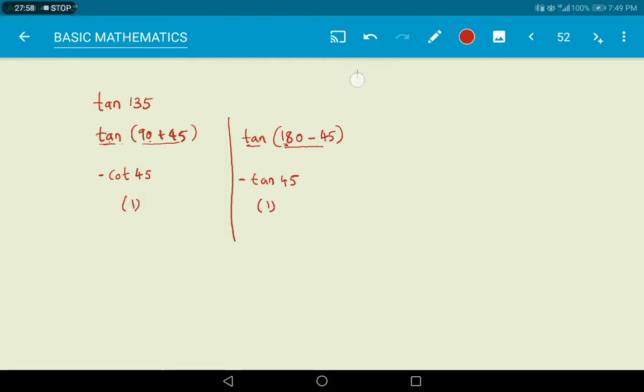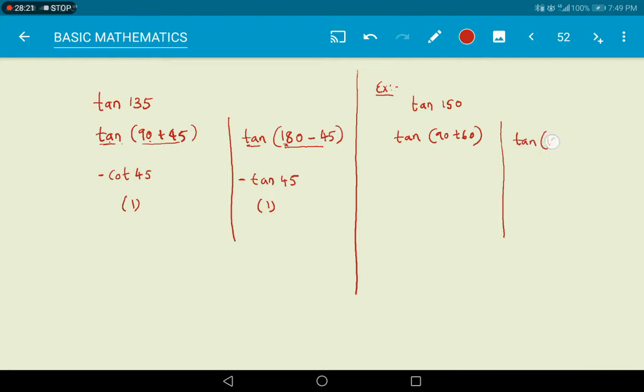So let us take one more example for this. They are asking tan 150. So we can write tan of 90 plus 60, and in the same way tan of 180 minus 30 also we can take.